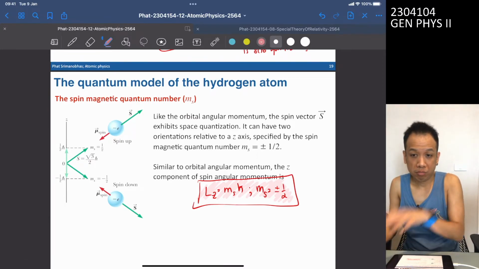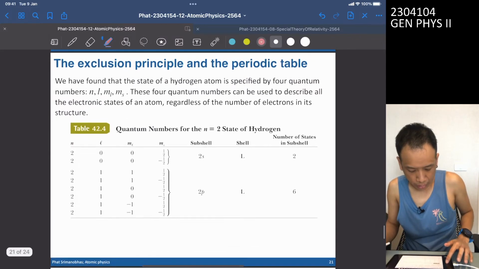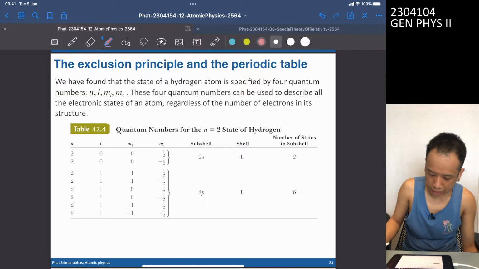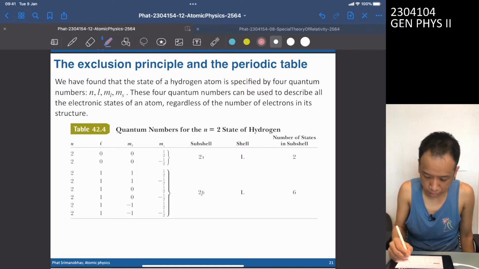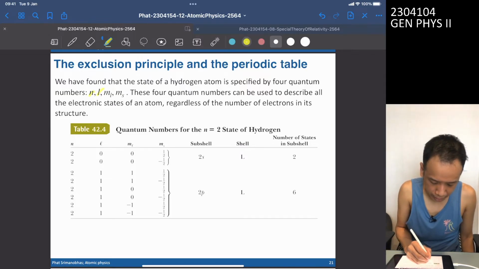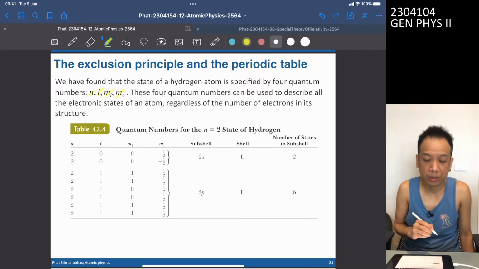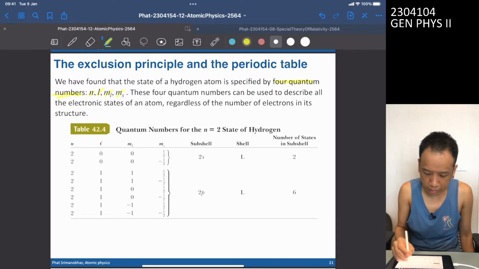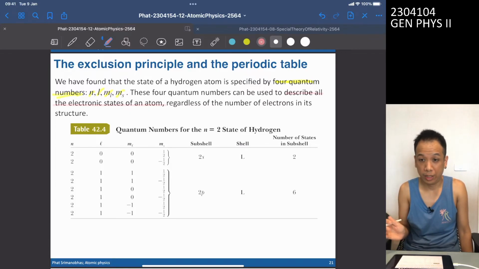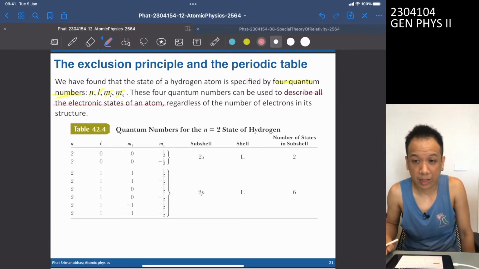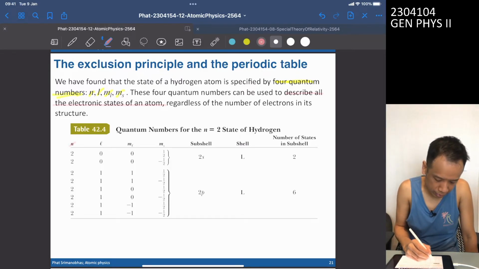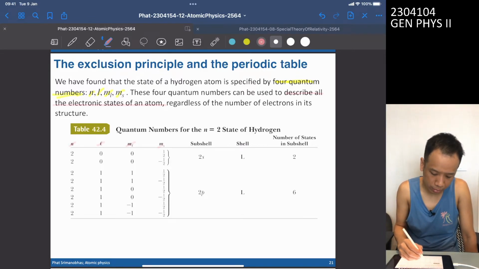So in summary, we now have the 4 quantum numbers, the n, the l, the m_l, and the m_s. These 4 quantum numbers are used to describe all the electronic states of an atom.